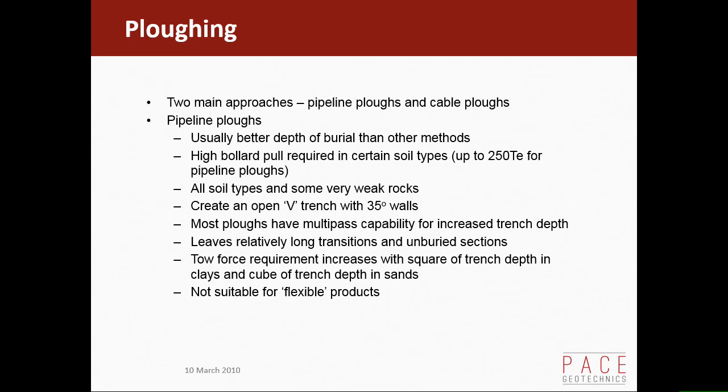I'll talk about multipassing a little bit, but what you can't do is go close to existing infrastructure. You're pulling it with a ship, and if for any reason the ship runs on, or if you hit an area of softer soil, the plough can launch forwards, and then you can hit somebody else's pipeline, which you don't want to do.